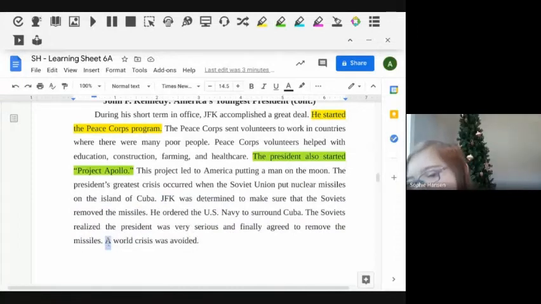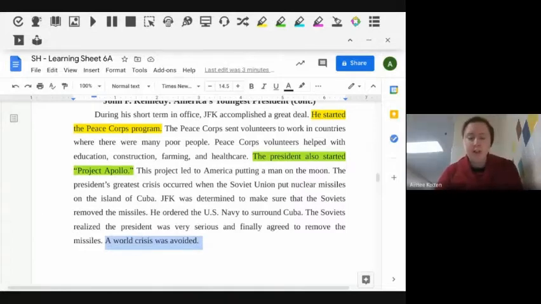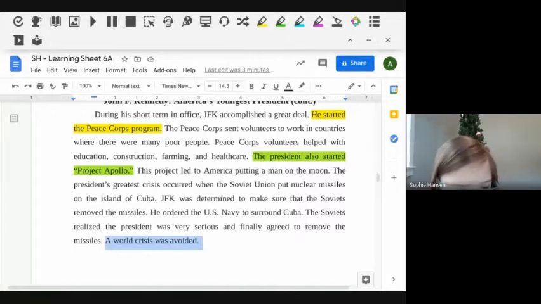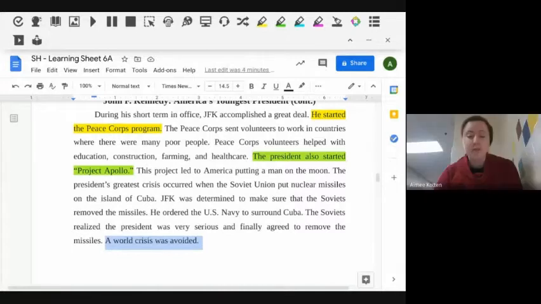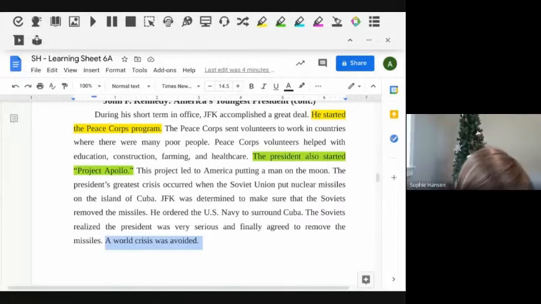First, he's not joking, right? Right, he wasn't joking. So then what happened? And then they removed the missiles. They removed the missiles. Can you read what I highlighted there? World crisis was avoided. Awesome.